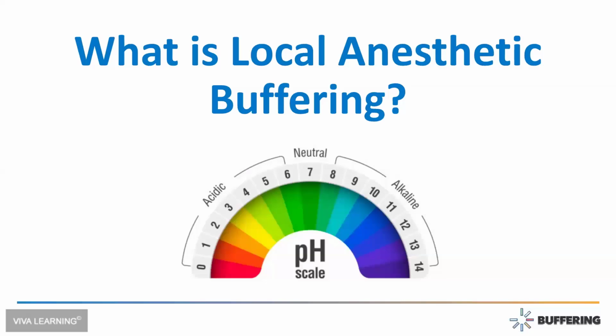And just to put that into perspective, I enjoy a Diet Coke every once in a while, and a Diet Coke is roughly pH 3.5. And now you can understand perhaps why injecting a solution of 3.5 may actually cause some stinging or burning.